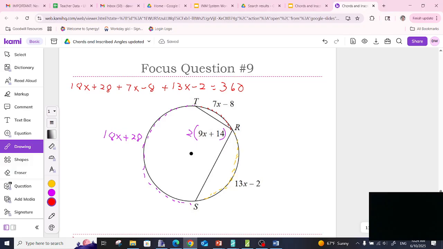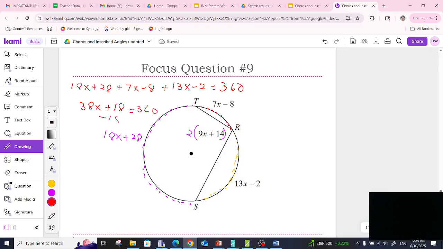Since I didn't have any of the arcs that it subtends, I couldn't set it equal to anything else. So I have 18 plus 7 plus 13. So I have 25 plus 13 is what? 38. 38x. I have 28 minus 8 is 20, minus 2 is positive 18 is equal to 360.